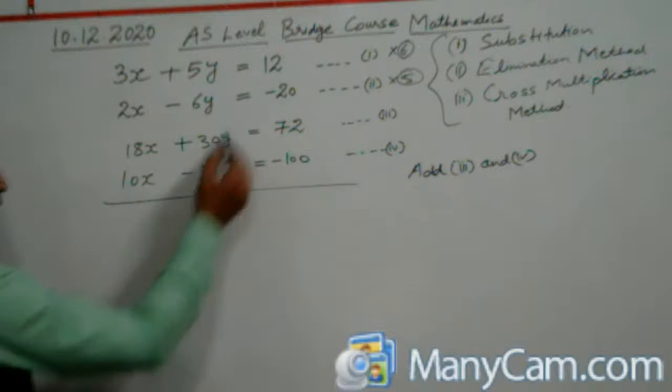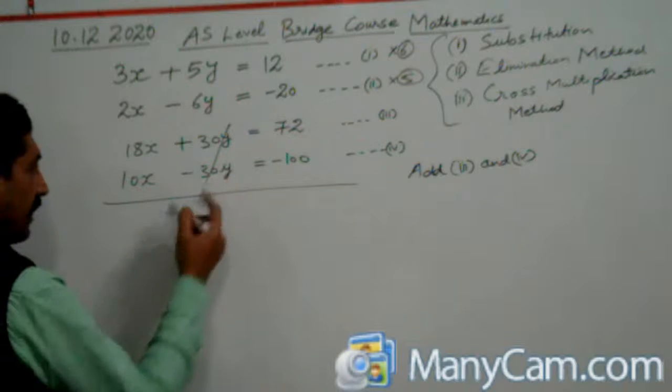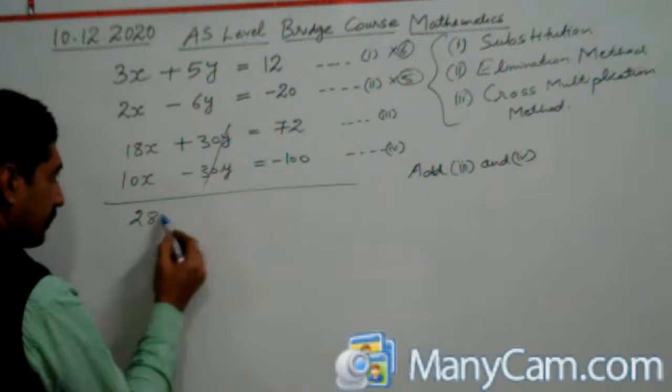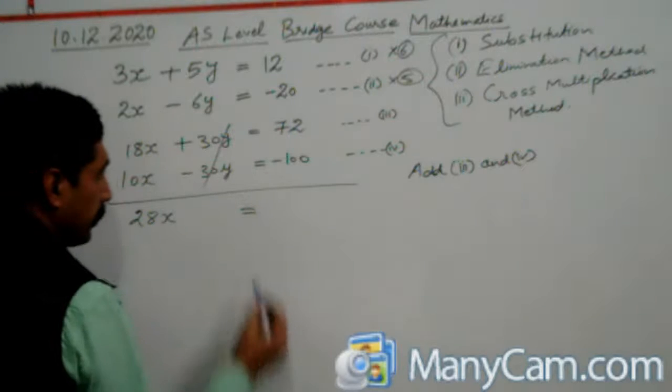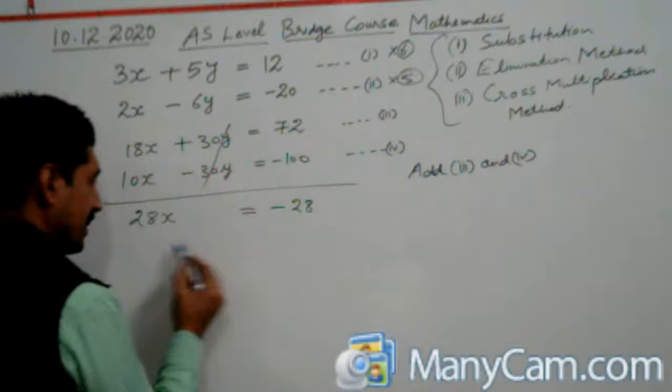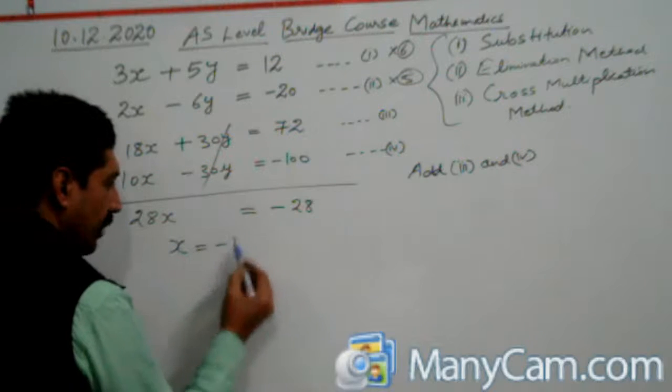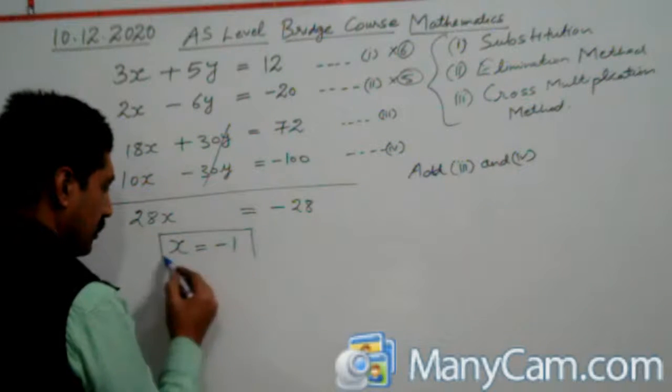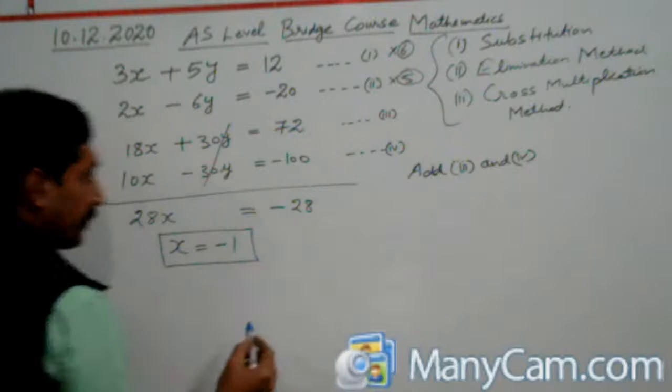What do we get? y gets eliminated. 28x is equal to minus 28. So what is x? x is equal to minus 1.